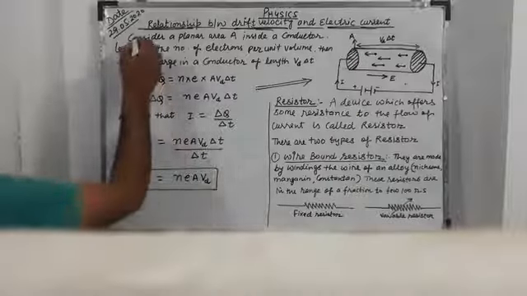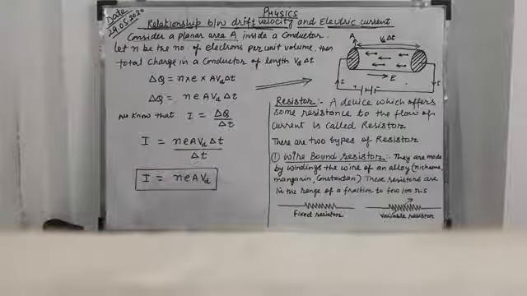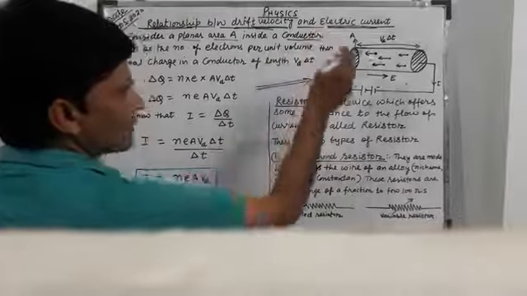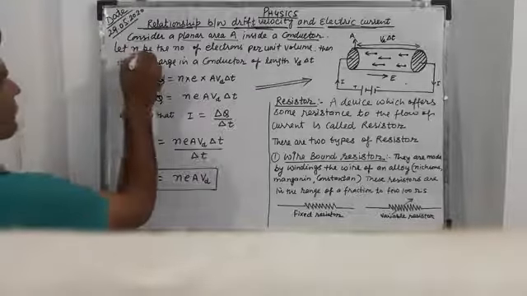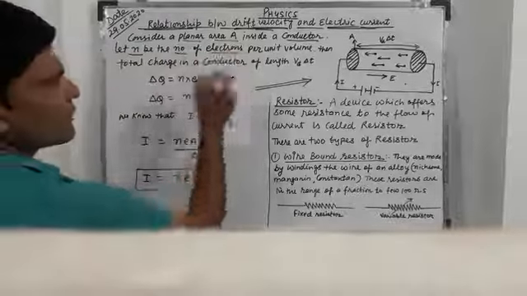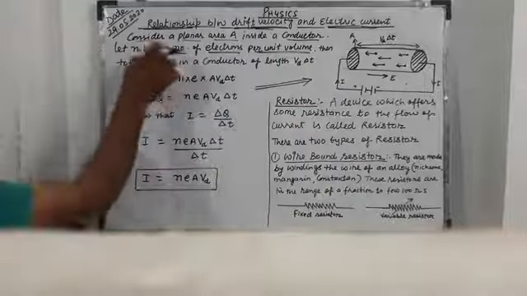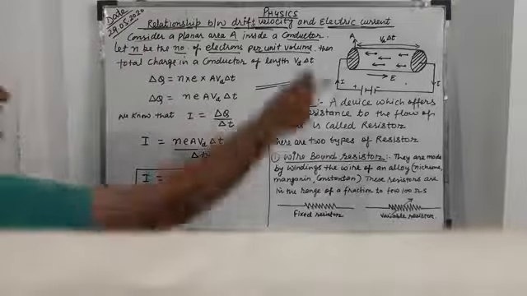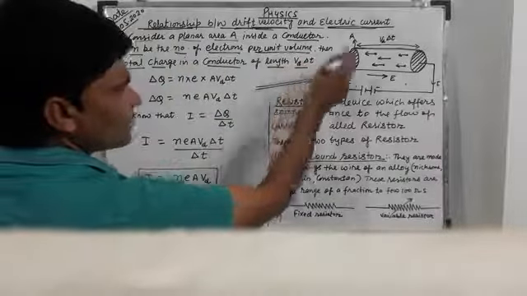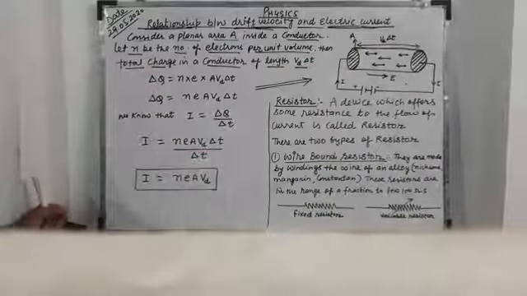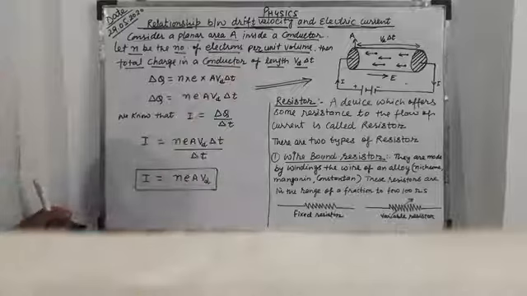Now consider a planar area capital A inside a conductor. This is the part of the conductor. Let small n be the number of electrons per unit volume. Then the total charge in a conductor of length Vd into delta t is delta q, because we are taking the time delta t.